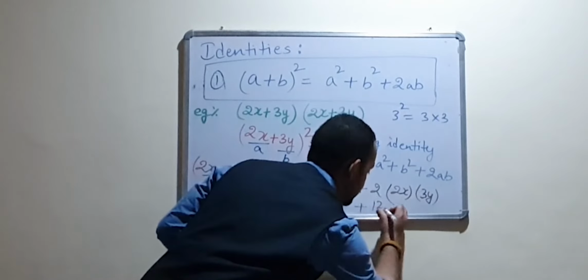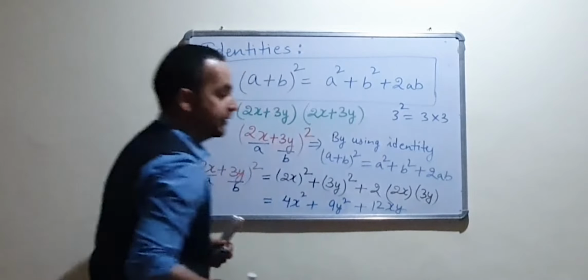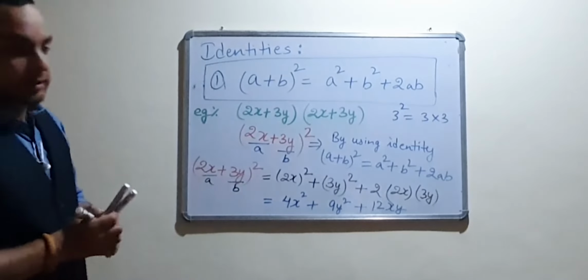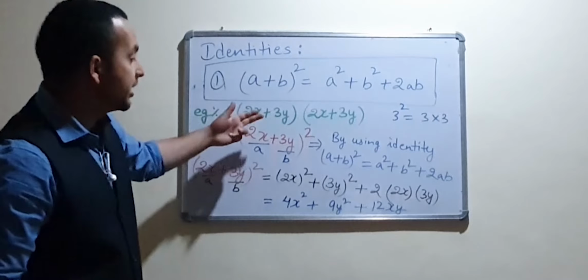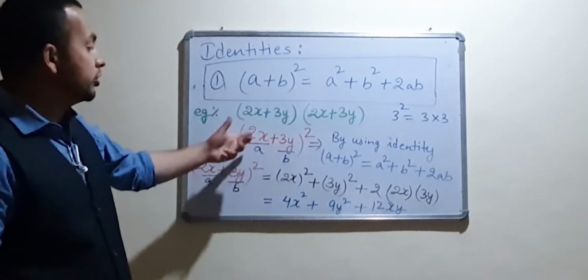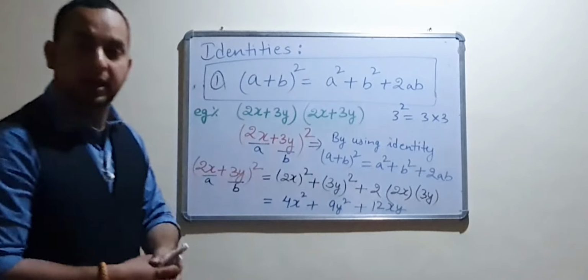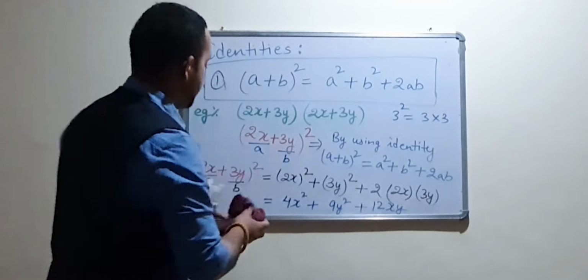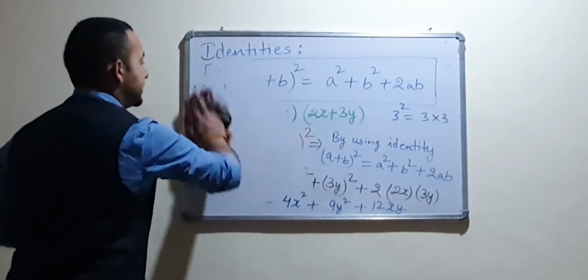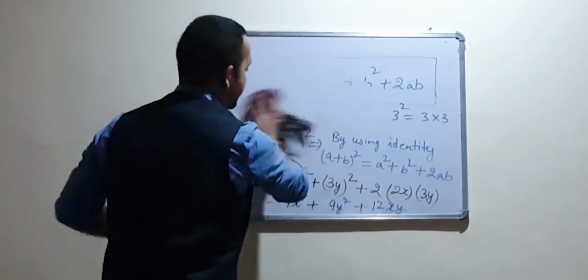So plus 12xy. This is your answer. We are using the identity and directly we will get the answer. So this is our first property, or you can say that first identity of algebraic expression.